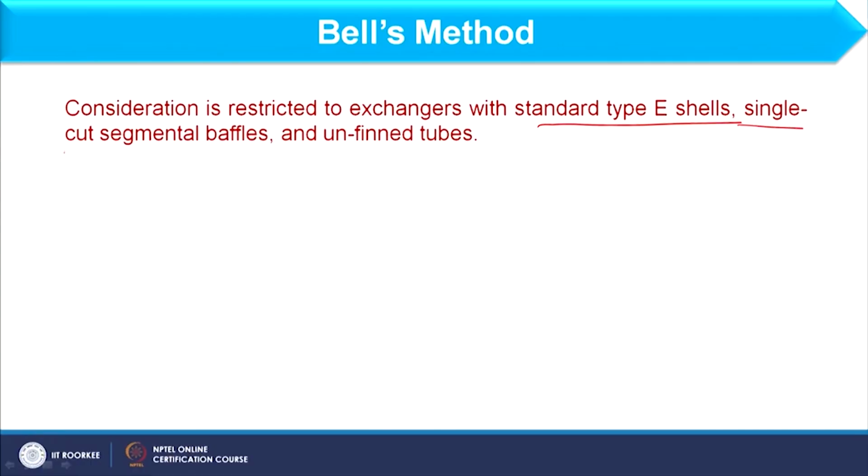So, here we are considering E shell, single segmental baffle where only one cut is available at the bottom, and unfinned tubes, means tubes are bare, not having any fin. So, for all these conditions we can consider Bell's method, and you can also consider these as limitations of Bell's method.